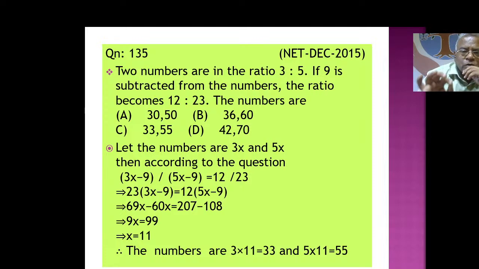When 9 is subtracted, the ratio changes, and from that condition we are able to find x, and finally the numbers. I hope you understand. I think such problems are very easy for maths and science students. Maybe arts students may find it difficult, I don't know. If they have been very good in mathematics in their 9th and 10th classes, I'm sure they will do very well here also.